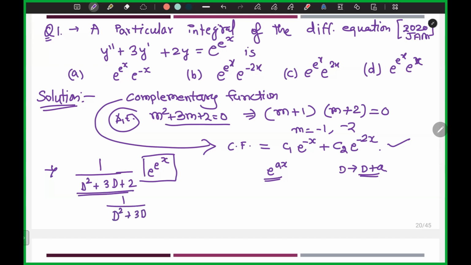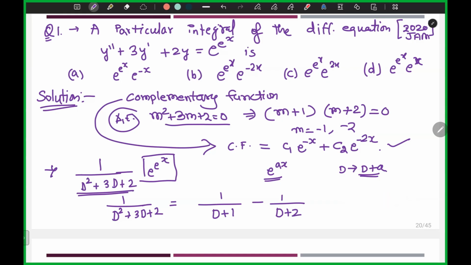So what is it? D squared plus 3D plus 2. So it is 1 upon D plus 1 minus 1 upon D plus 2, right? Up to this level you reached.